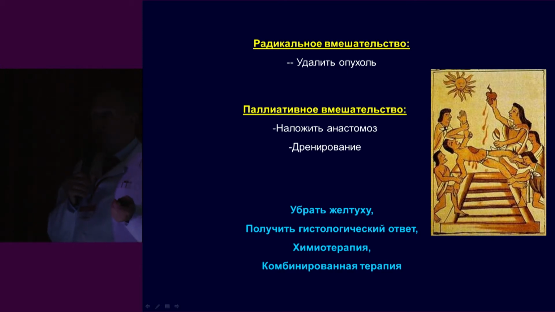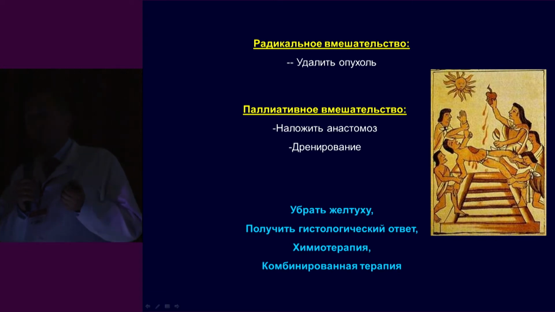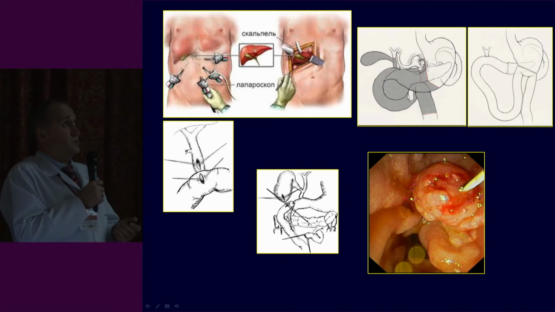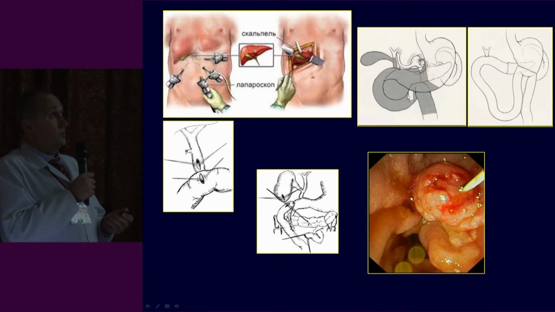You should first of all get rid of the jaundice, at least to improve the quality of life for the 6 months or for the survival period. Then combination treatment or chemotherapy opportunities should be assessed.